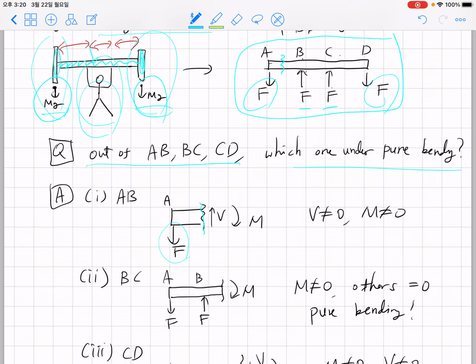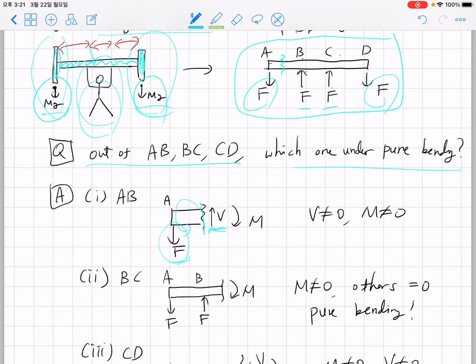And to make a force balance, you need shear force V, a vertical force, heading in the upward direction. Now if you have V and F only, you can see that combining V and F, this material wants to rotate in the counterclockwise direction.